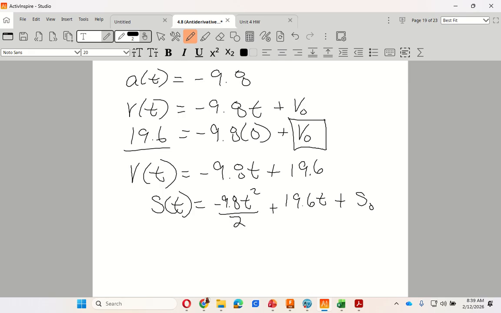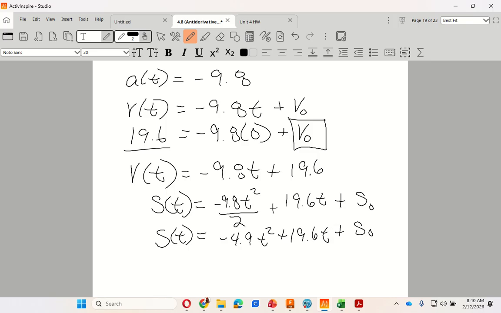Could I solve it the same way? I could have. But since they gave me initial position, I would plug in 0 for all of these. So this is 4.9. Okay, so s of t equals negative 4.9t squared plus 19.6t plus s sub naught.